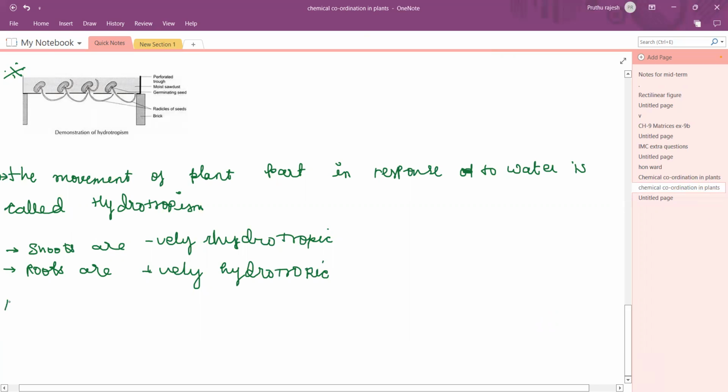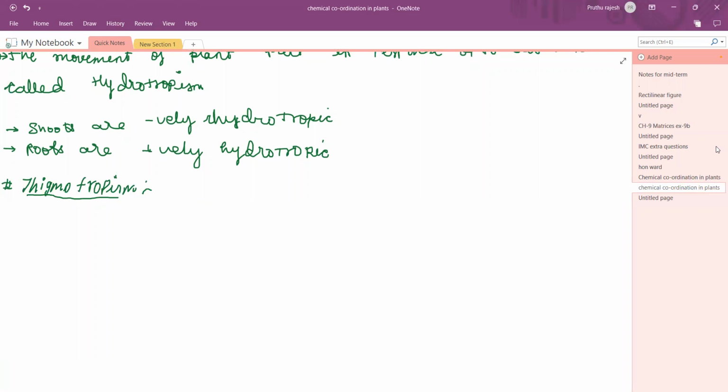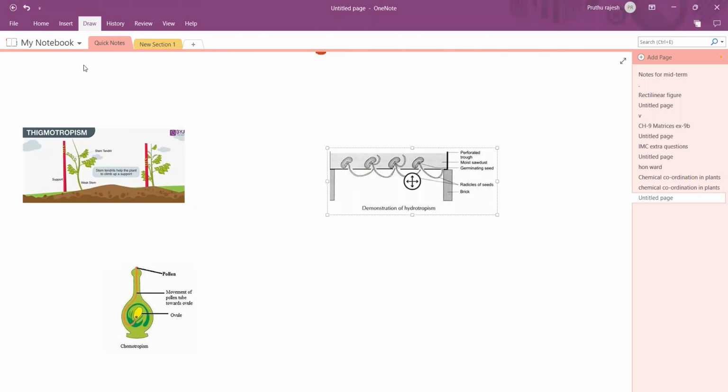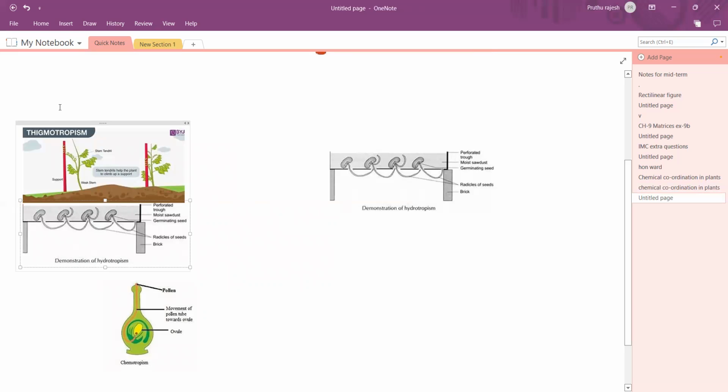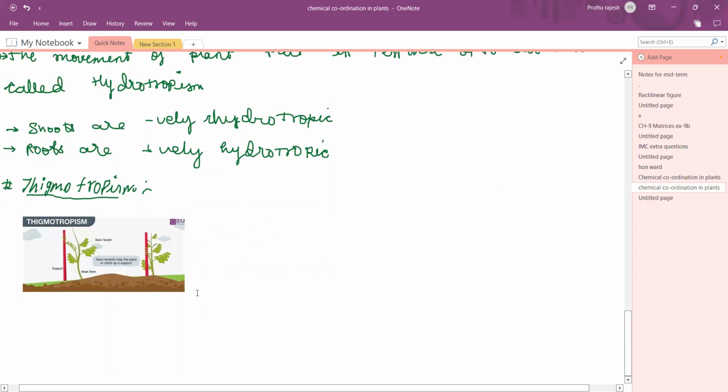So first step. Here thigmo means touch and tropism means movement.